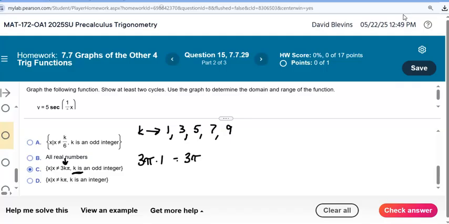That was one of our asymptotes. 3 pi times not 2, but skip ahead to 3, that's 9 pi. That's one of those asymptotes. 3 pi times 5 is 15 pi. That was one of those. And now you can see there's that gap of 6 pi that we were talking about. So anyway, that is what that notation is saying. All right, integers are positive and negative whole numbers, so multiply these by -1, -3, -5, and we'll see those -3 pi, -9 pi, -15 pi that we saw.